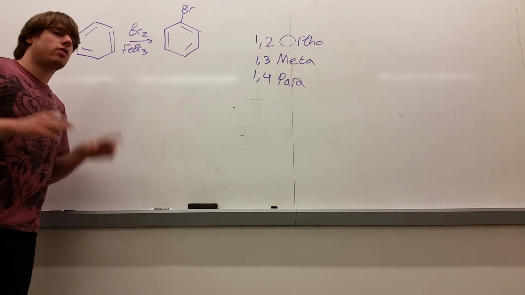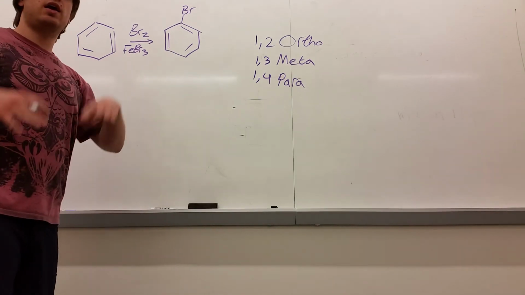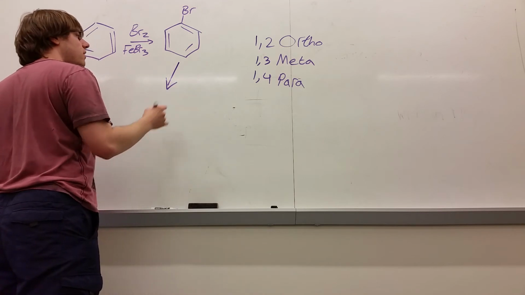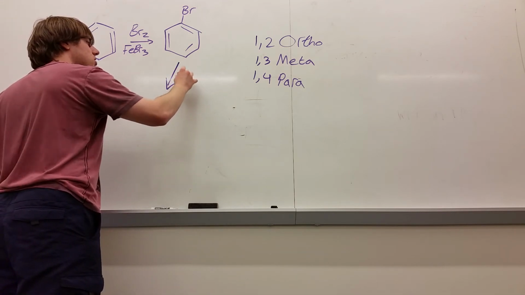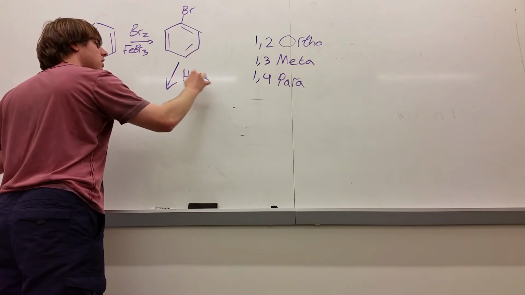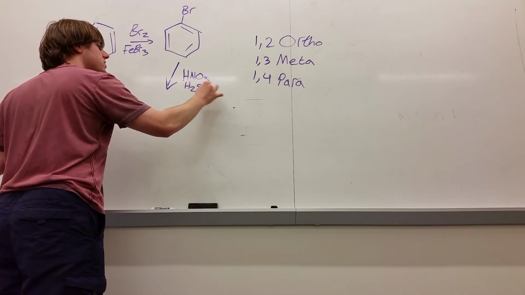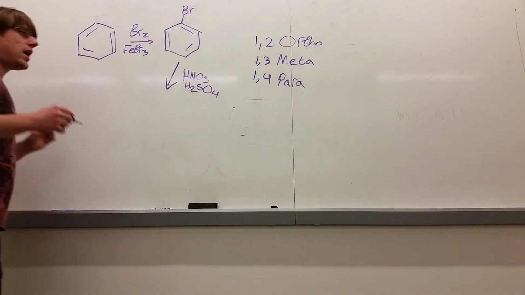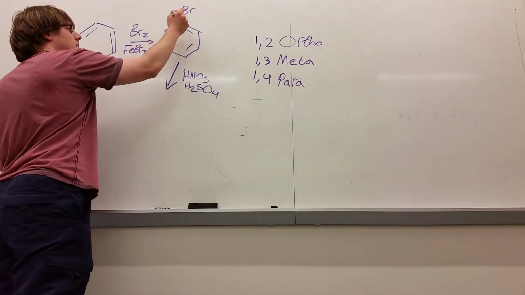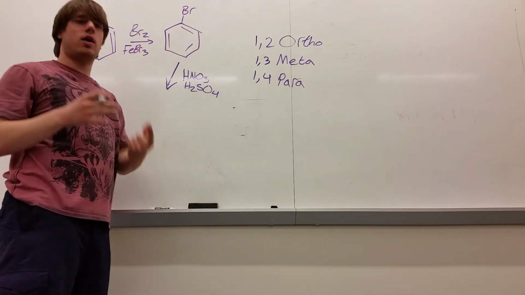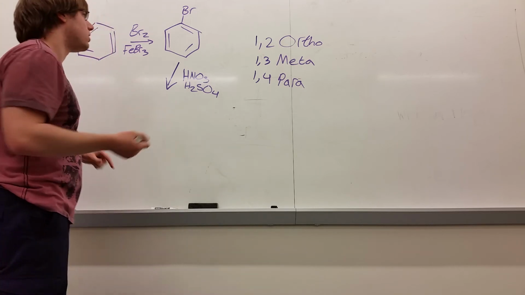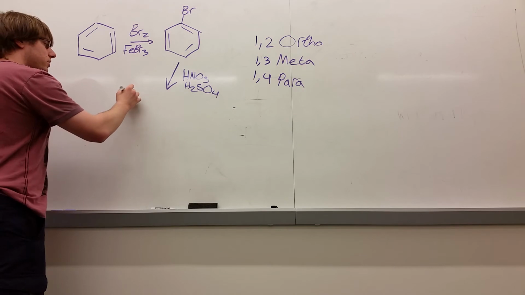Now there is something on the ring. So if I add another thing to the ring, it matters. Meaning, if I choose to use the reaction HNO3 and H2SO4, what this does is it adds an NO2 group. But where it gets added depends on what's on the ring. I have a bromine, and if I look at my cover sheet, I am told that bromine is an ortho-para director, which means I have two possible products I can make.